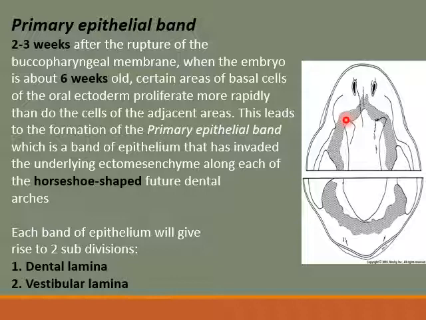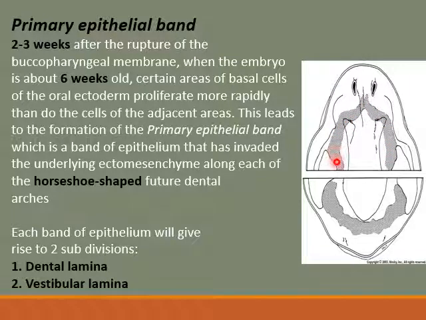In certain areas, the primary epithelial band is a band of epithelium that has invaded the underlying ectomesenchymal tissue along a horseshoe shape, like the horseshoe shape of the future dental arch.